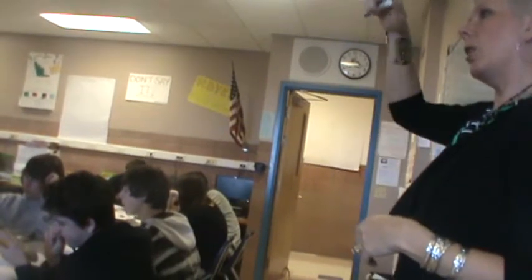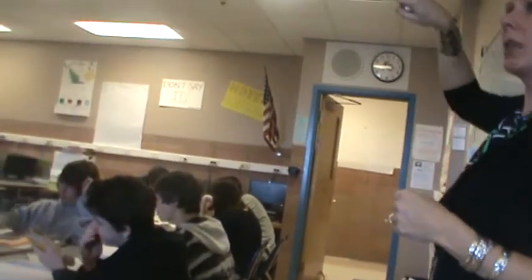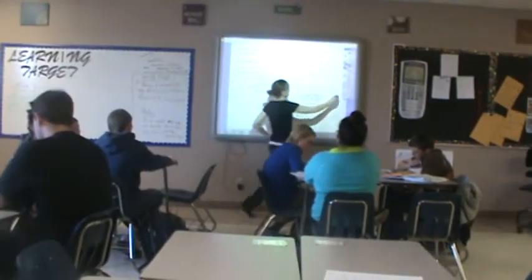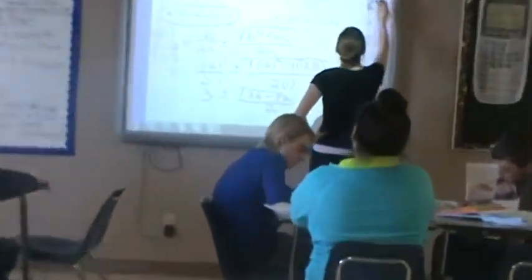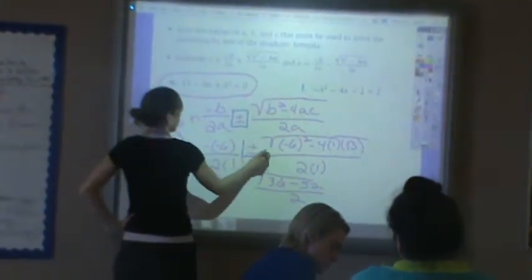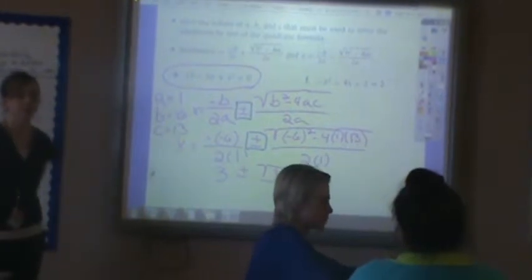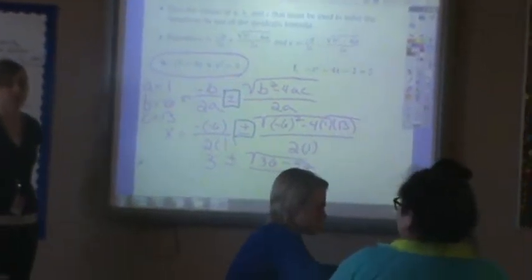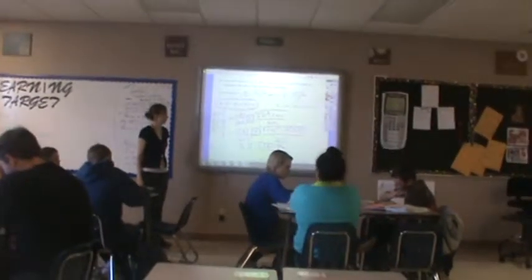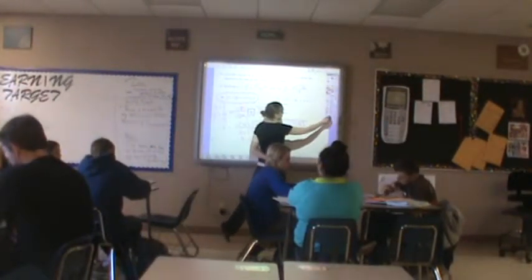I'm wondering if it would help when we start the quadratic formula, if we put a box or something around the plus and minus part at the very beginning. And then when we're doing the first one, instead of putting plus or minus again, just listing the plus. It's the plus. Just the plus first. Because then I know I have to go back and do the minus. Because that seems to be a big piece that's missing yet.